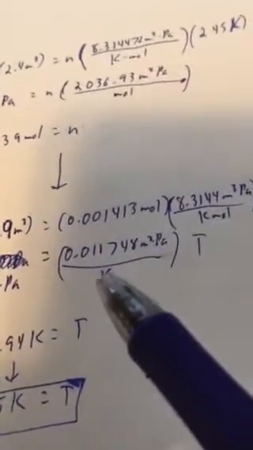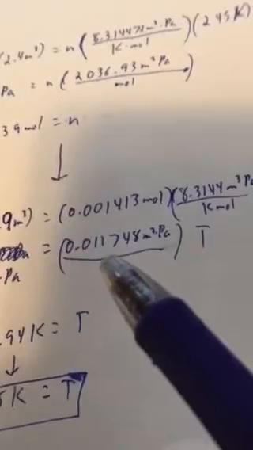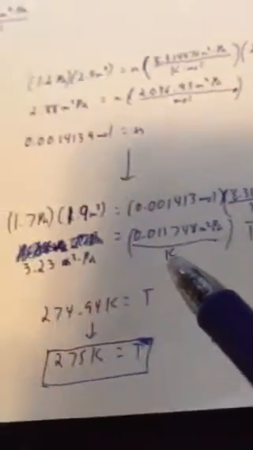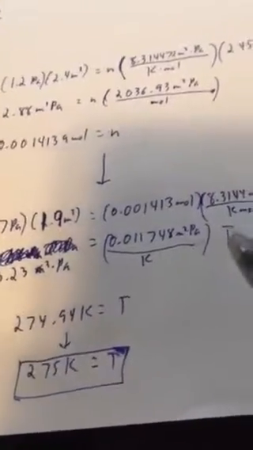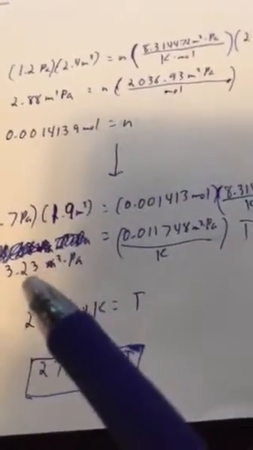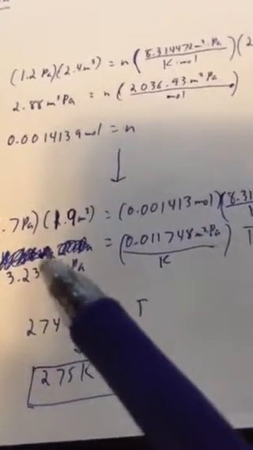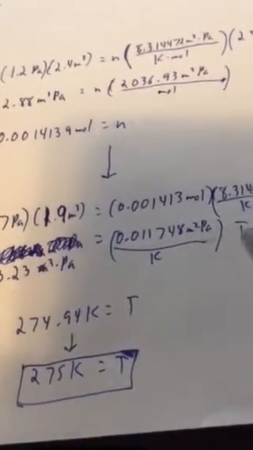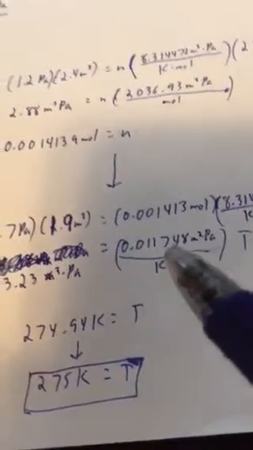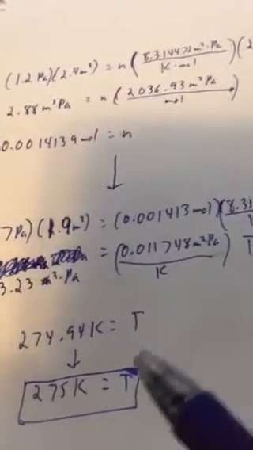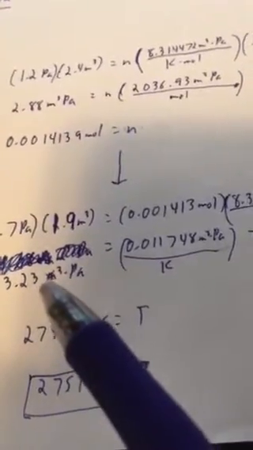Once you multiply those together, you get 0.011748 cubic meter pascals per Kelvin. And then same thing here. We want to solve for T, so we take this number, divide by this number, and cubic meter pascals will cancel with cubic meter pascals. When you divide by this, it flips so that the Kelvin will end up on top.